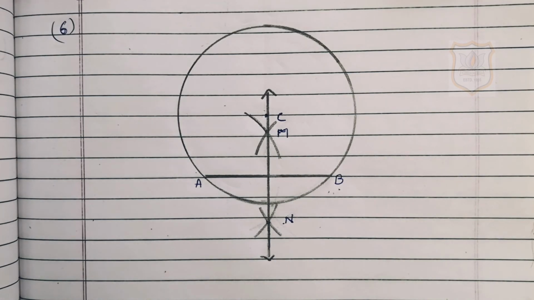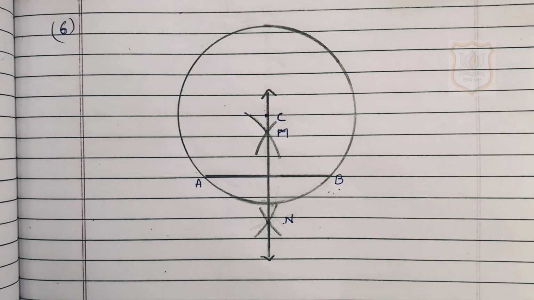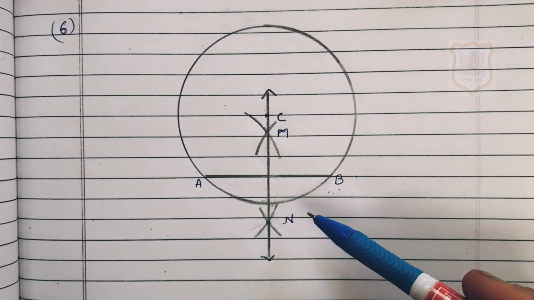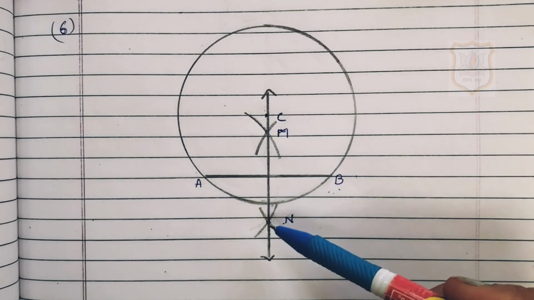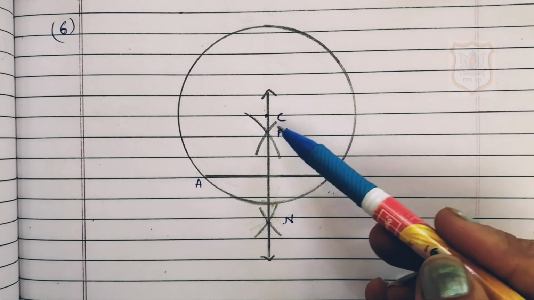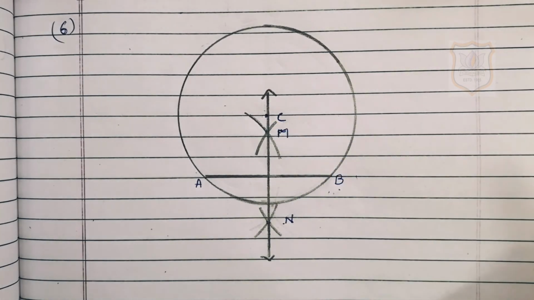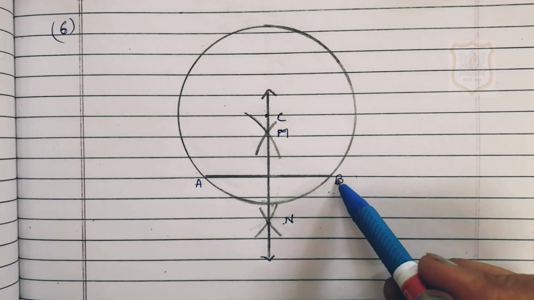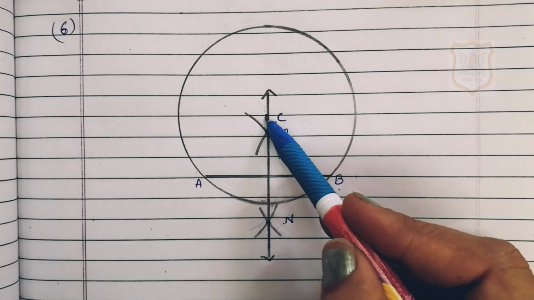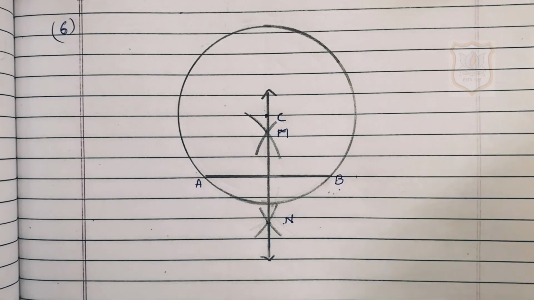Now we have observed that the perpendicular bisector of the chord AB, that is MN, passes through C, the center of the circle. Now students, here we have proved that the perpendicular bisector, that is line MN, passes through C, which is the center of the circle.